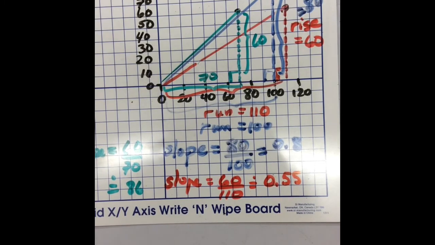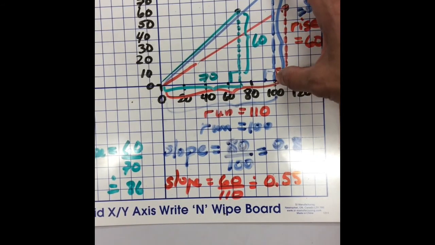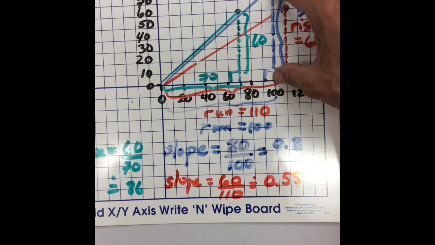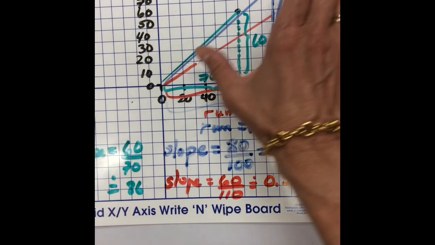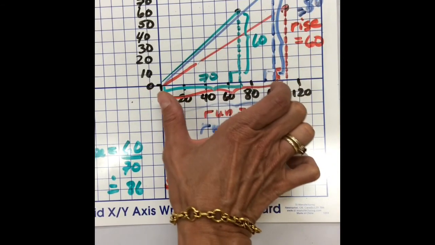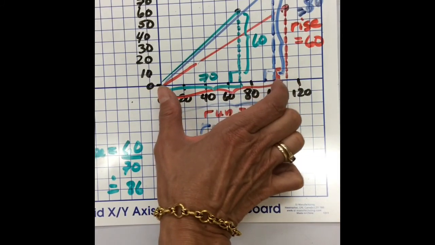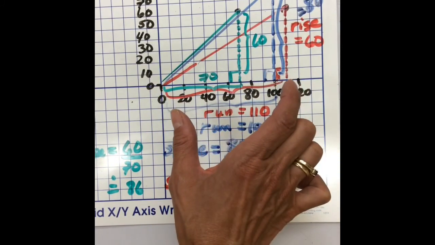So let's look at, how did we get this number? Well, we took this number here, which is whatever is between 0 and 80. And then we divided by whatever is in between this number here, which is between 0 and 100. So that was the difference, and that's what we did. Okay.